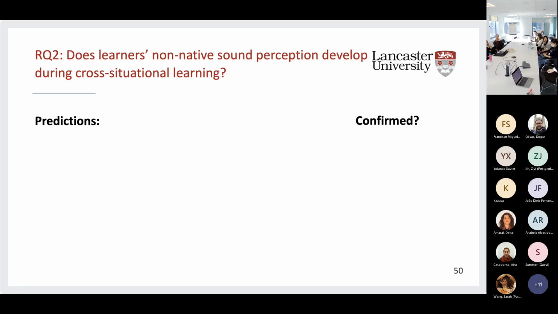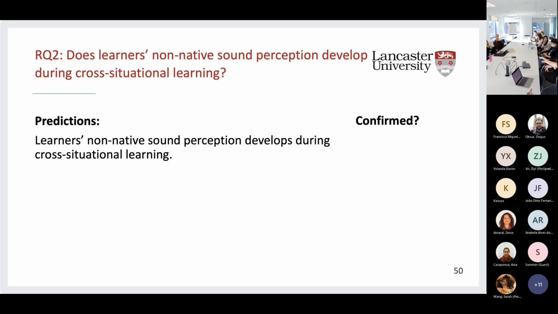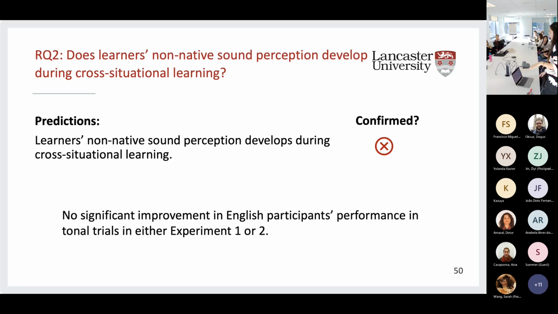As for research question 2, we expected learners to develop during the cross-situational learning process, but we didn't get clear evidence for that. There was no significant improvement in English participants' performance in tonal trials in both experiments.